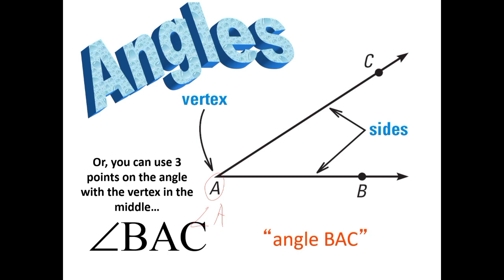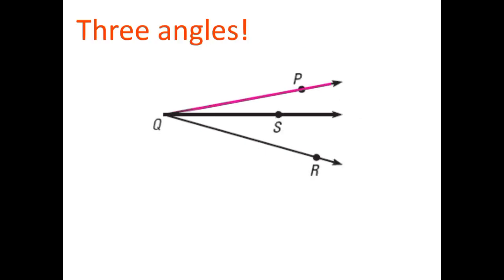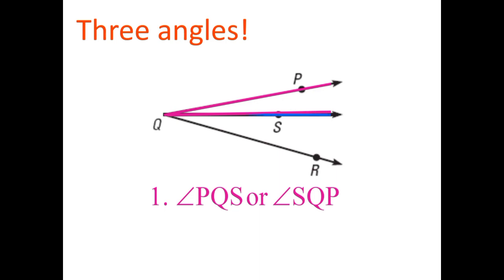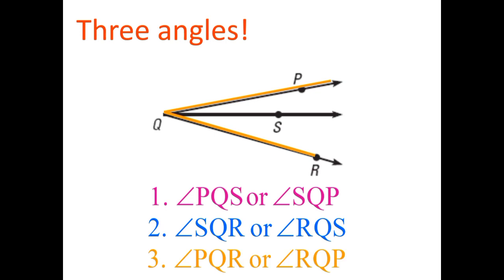We're just recalling about angles and their measurement. If we're going to name the angles, as you can see there, how many angles can we form? The first one is angle PQS with vertex Q, or SPQ, then SQR or RQS, and the other one is PQR or angle RQP.